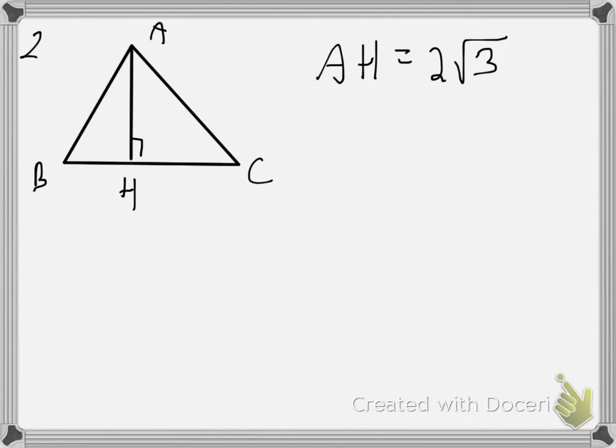Well, remember that for a triangle, area is 1/2 base times height. So, we know what the height is. That's 2 square roots of 3. That's section AH. And now, because this is an equilateral triangle, if we could figure out how long AB, AC, or BC was, we would have a base that we could use.